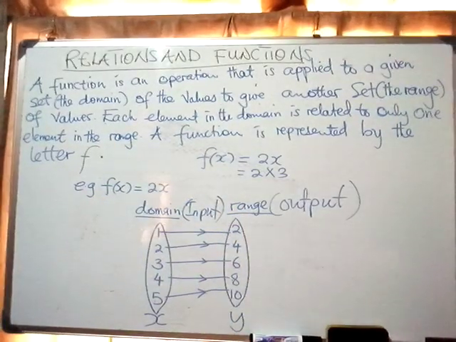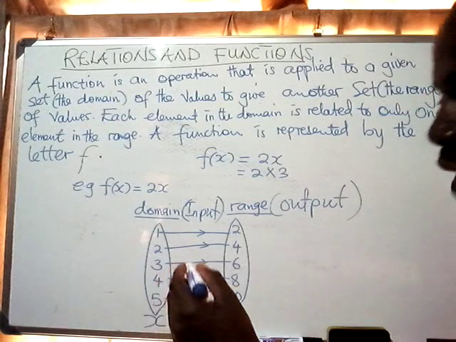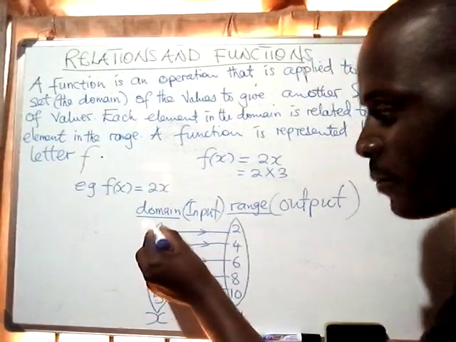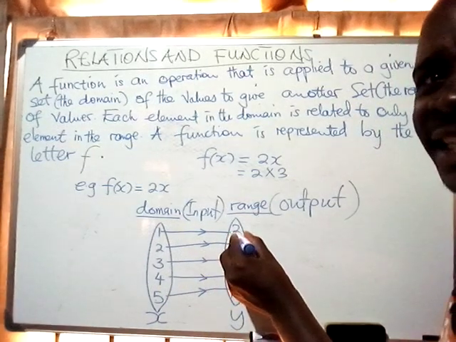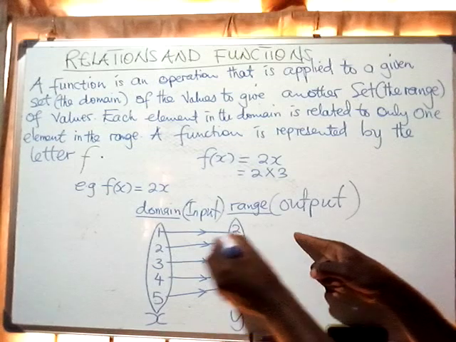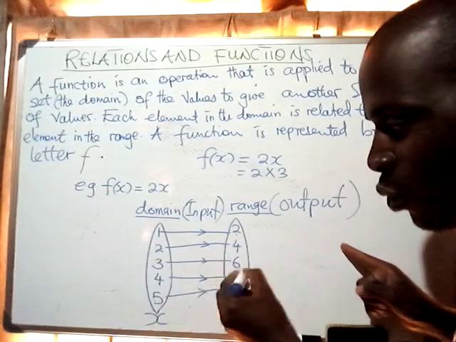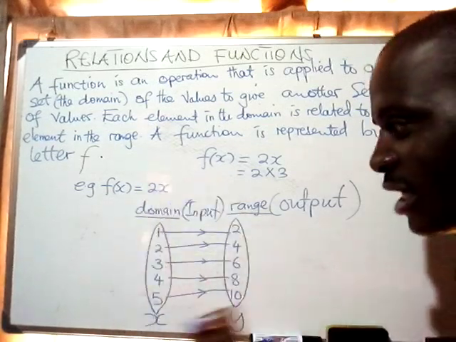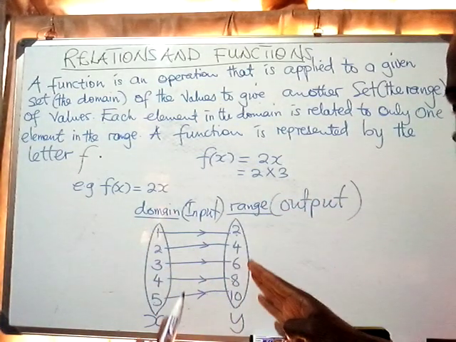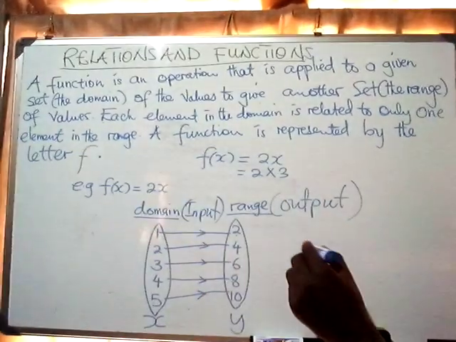A function is one-to-one because each value of the domain gives exactly one output or one range. So this mapping is one-to-one, and this is a function.